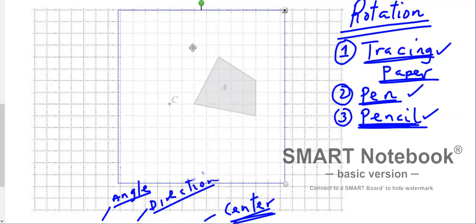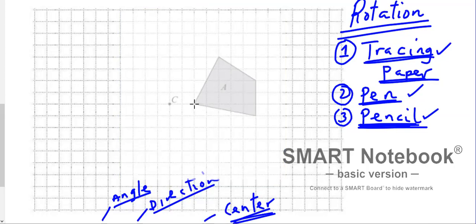All right, so a few things you have to do after getting a tracing paper over the diagram. So the first thing you have to do is to trace the shape. Trace the shape using a pencil.